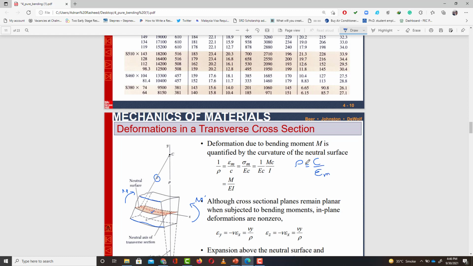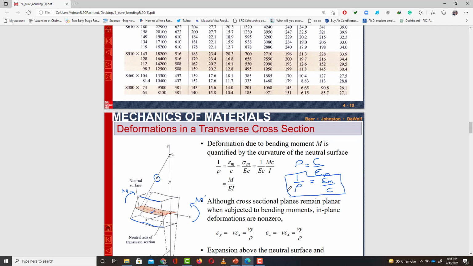If I take the inverse, 1 over rho is equal to epsilon m over c. This 1 over rho is known as curvature. If anyone asks you what curvature is, 1 over rho is the curvature, and you can also define curvature as the reciprocal of radius of curvature. Now from this formula, 1 over rho equals epsilon m over c.